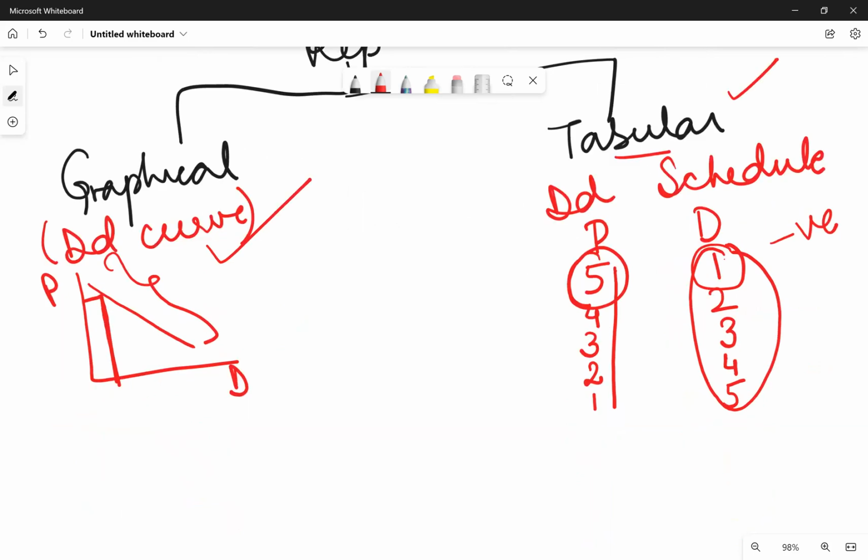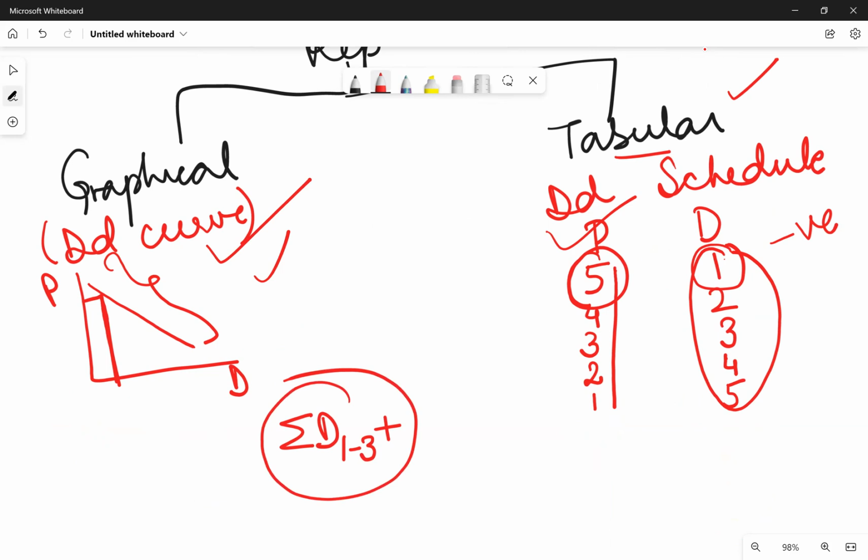Now, while this is the individual demand curve, if we take the sum of demands by different individuals, say D1 to D3, so if we take the sum of these three individuals which are there in the market, that is called your market demand.